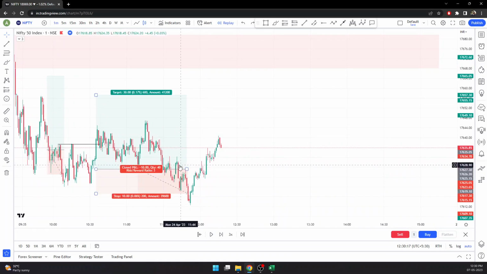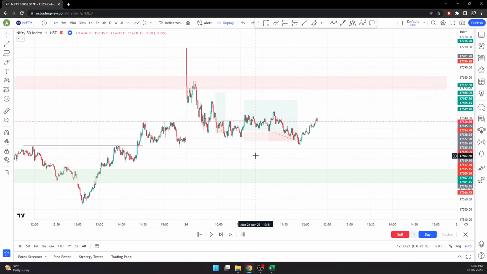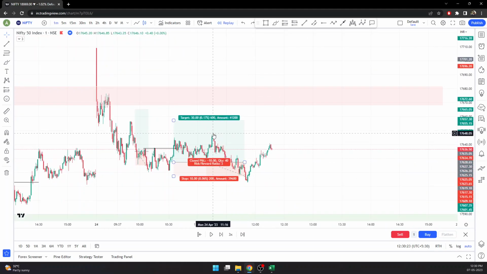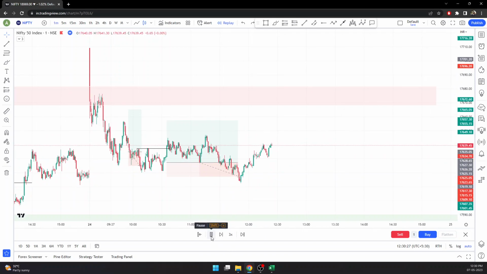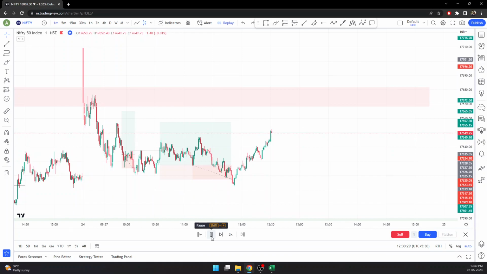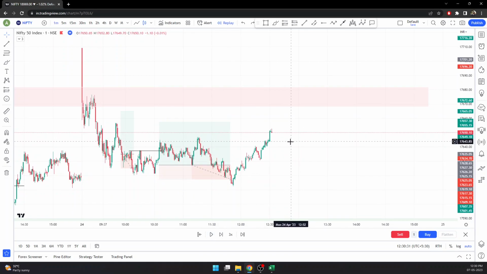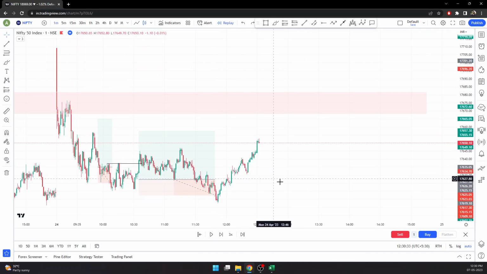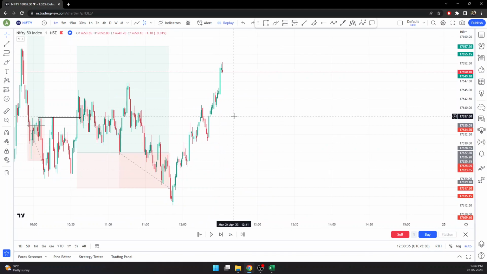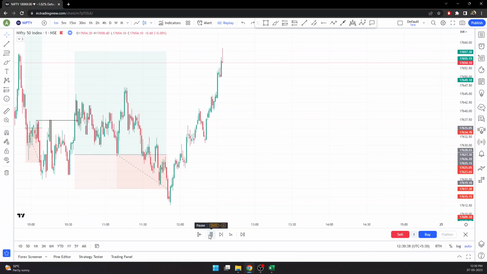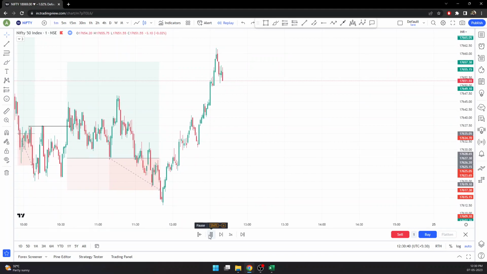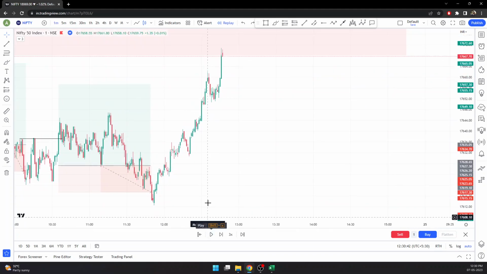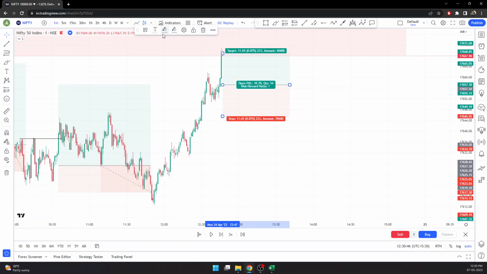We do see now a clear trend above this level. We should be looking for the buy opportunities. Yes, this is where we are currently looking for the buy opportunity. So let's say let it give us some strong swing somewhere. Yes, let me just take my entry somewhere here.